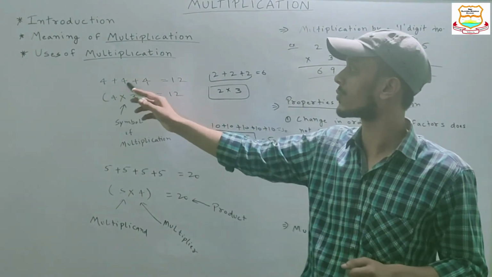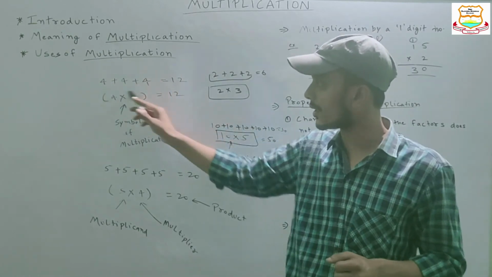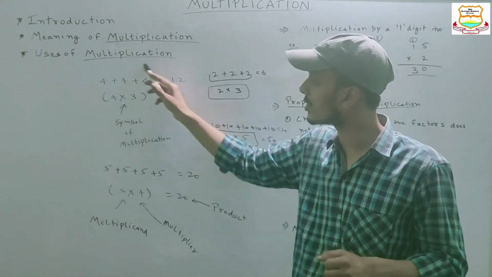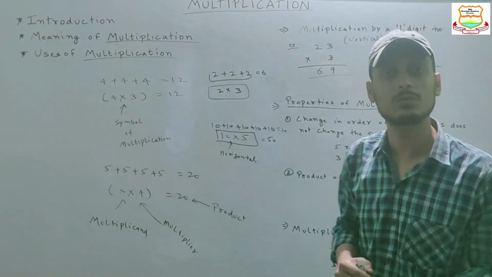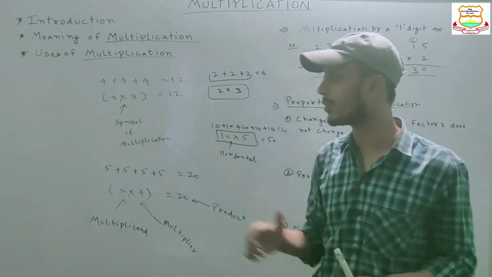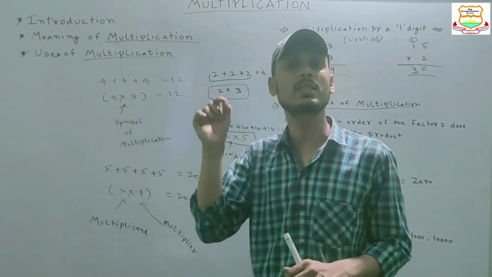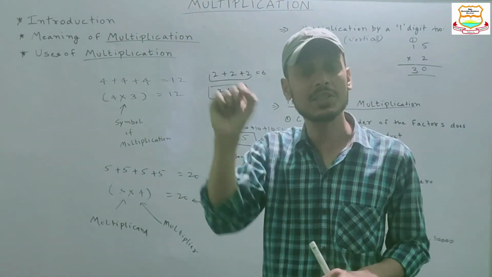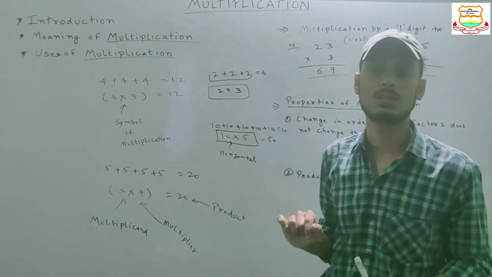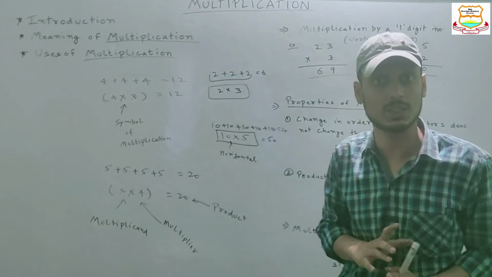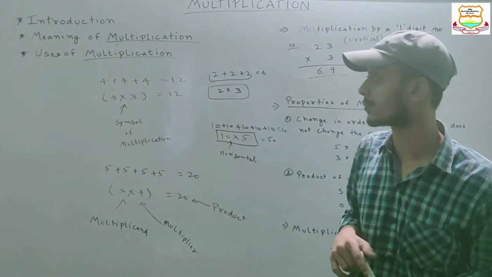For example, 4 plus 4 plus 4, it is an addition. We can write this in another form and this form is called multiplication form. Got it? Multiplication indicates some addition. Ultimately it indicates some addition is going on, and that is a special type, not a general type.